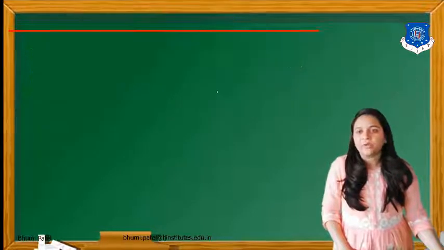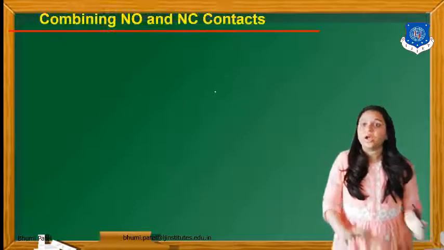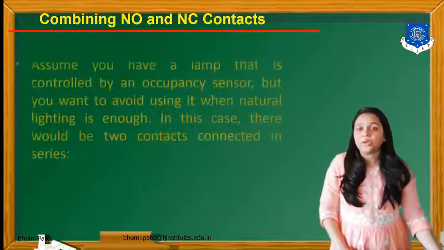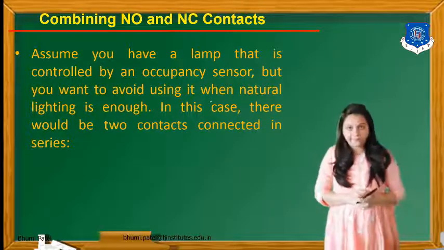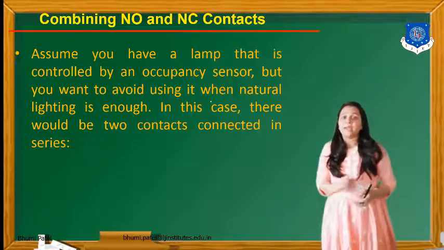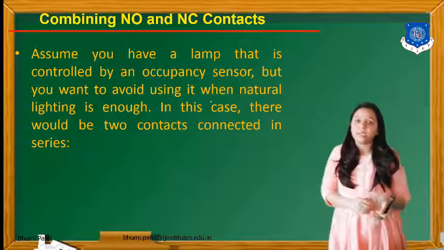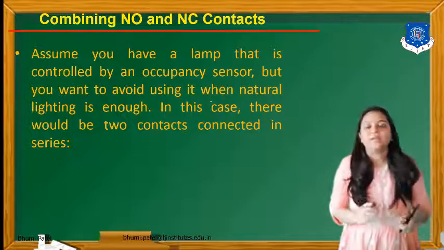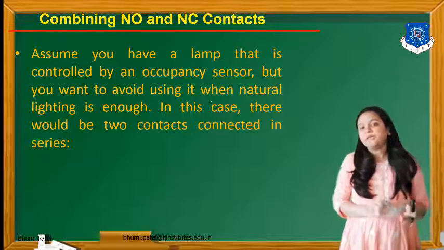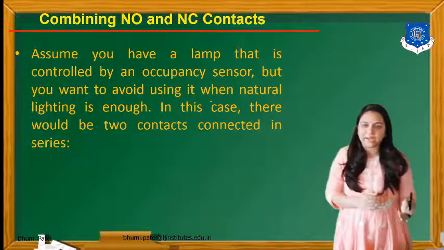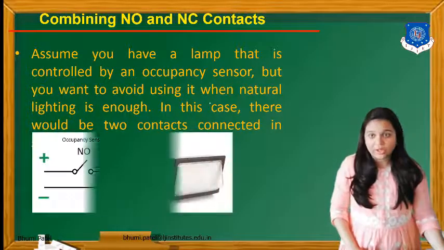Clear? Now the next one is combining normally open and normally closed contacts. Suppose you have a lamp that is controlled by a sensor, but you want to avoid using it when the natural light is enough. In this case, there would be two contacts connected in series.